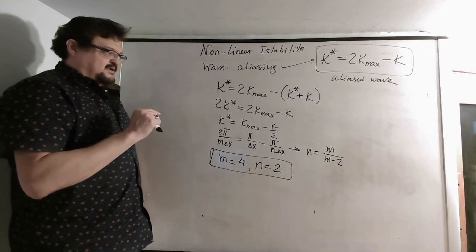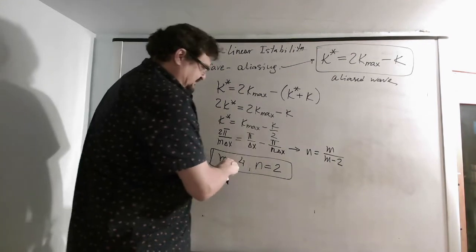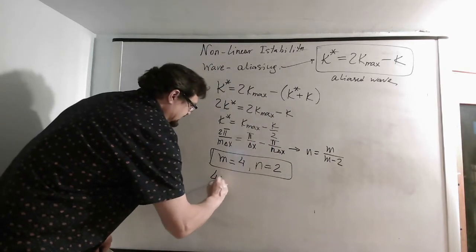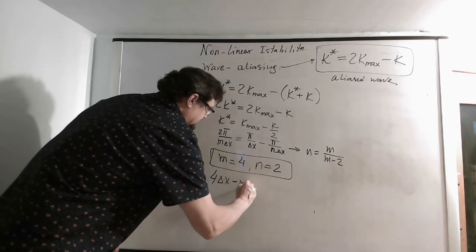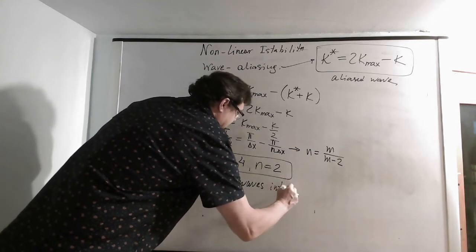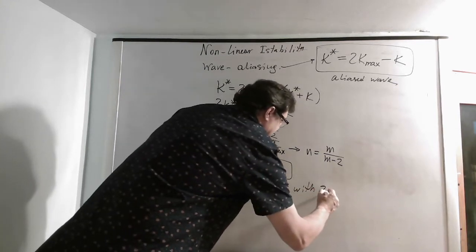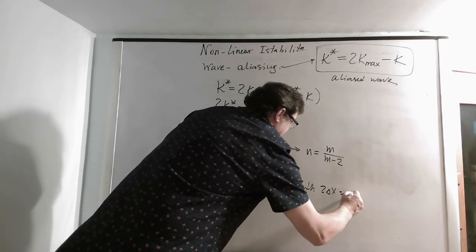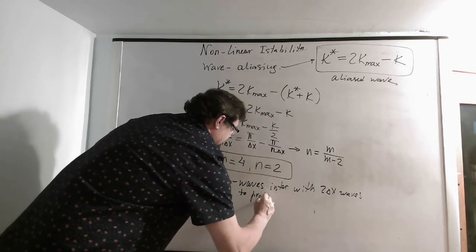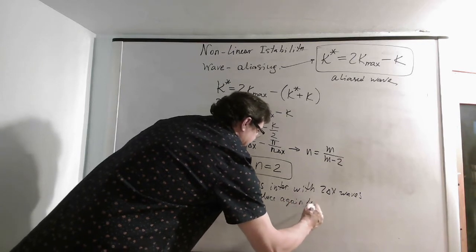So this is what we found: 4 delta x waves interact with 2 delta x waves to produce again 4 delta x waves.